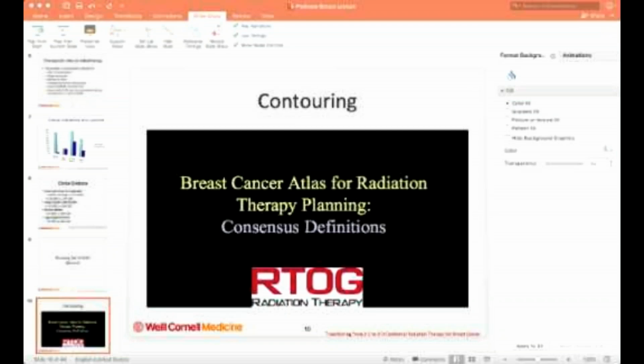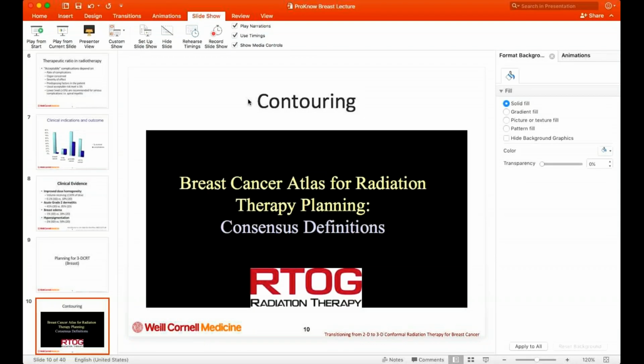Okay. So when it comes to 3-dimensional breast radiation therapy, I want to talk about contouring, and I also want to talk about treatment setup, how to set up fields, and also plan evaluation. So the first aspect, contouring.